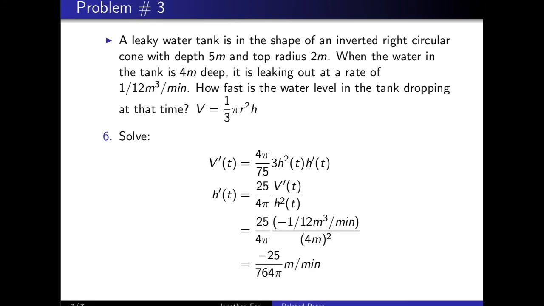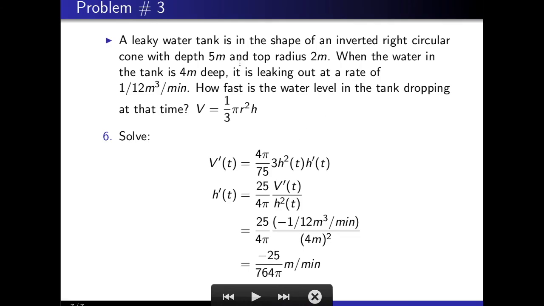So we just want to plug in the givens that we have and then solve. We're told that the water is leaking out at a rate of 1/12 cubic meter per minute. So in other words, the volume is decreasing as time increases. And when you have a quantity that decreases as time increases, it's going to be negative. So in this case, dV by dt is negative. The water is going out.